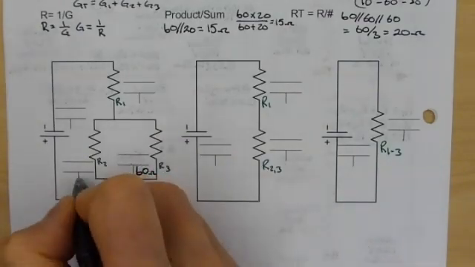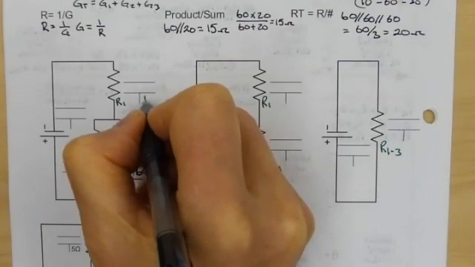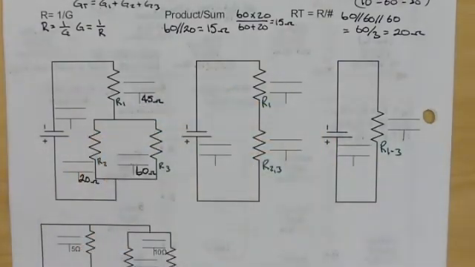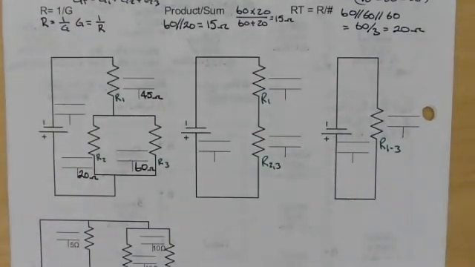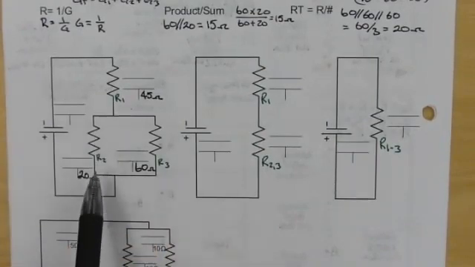Let's say R2 is 20. And let's say this is 45 ohms.